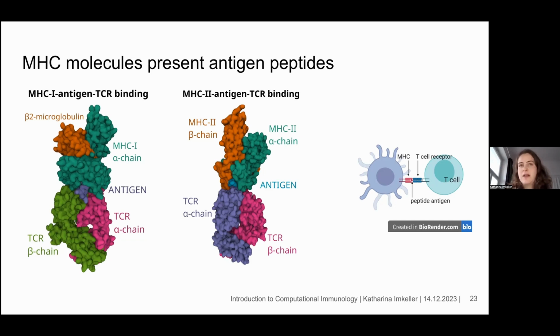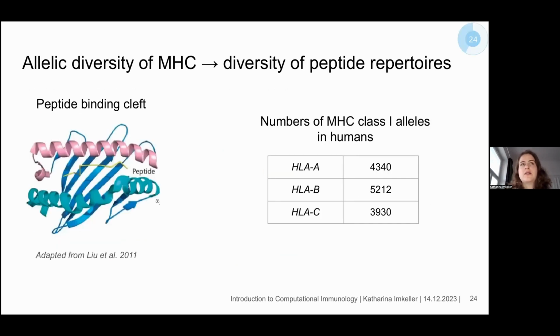And you can imagine that these interactions have to be diverse. So there has to be, from an evolutionary perspective, the possibility to recognize a large repertoire of different peptides.